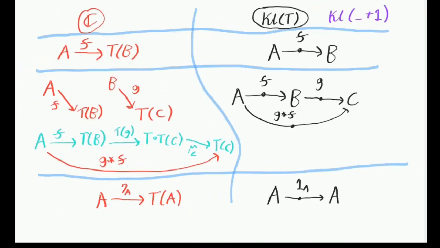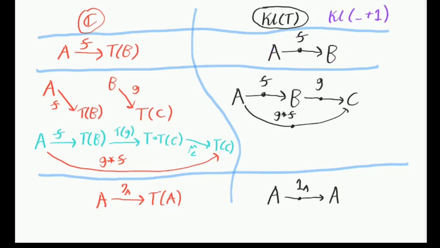And so let's look at the Kleisli category now of the maybe monad. What are the objects of this category? Well, they'll be the same as the objects of C. So maybe we could think of C as Set. In that case, the objects of this Kleisli category are again just going to be sets. What does a Kleisli arrow from A to B correspond to?